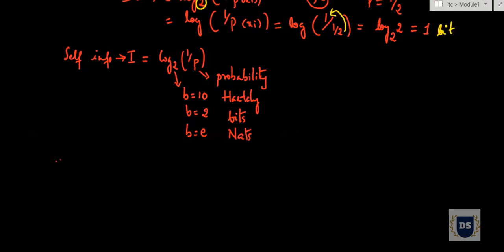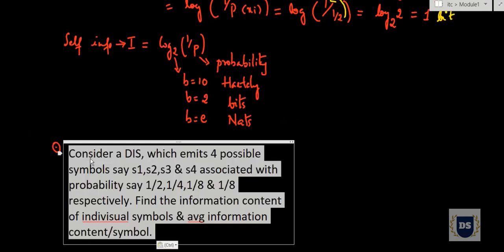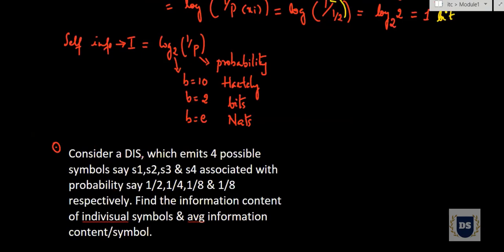Now let's solve some problems. This is our problem statement. We have to consider a discrete information source. DIS is an acronym for discrete information source, which emits four possible symbols, say S1, S2, S3, and S4.